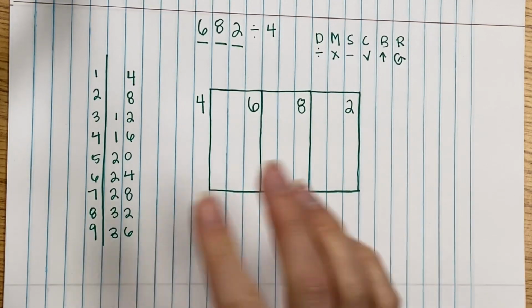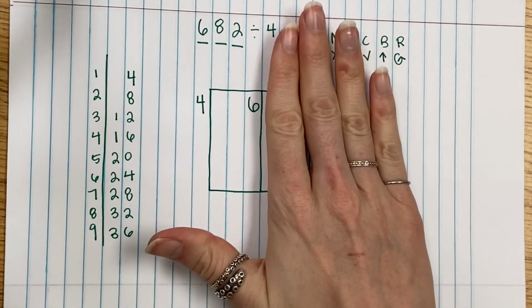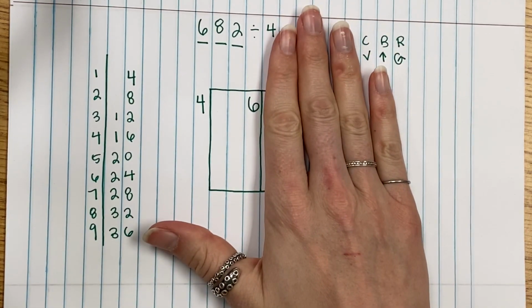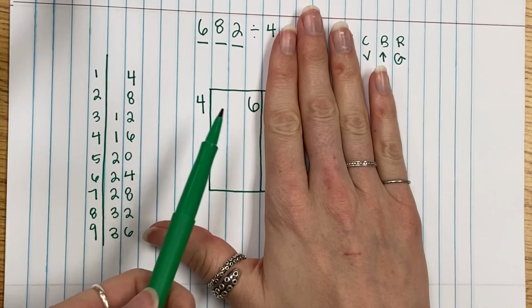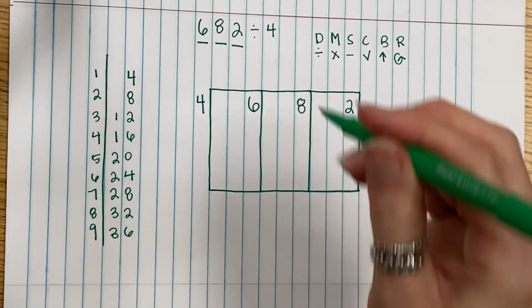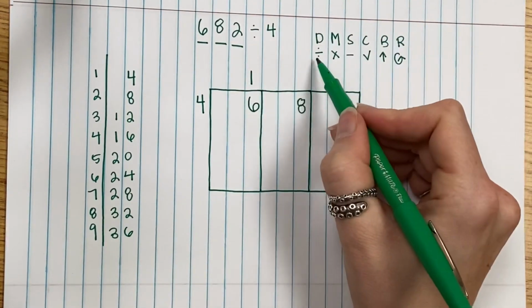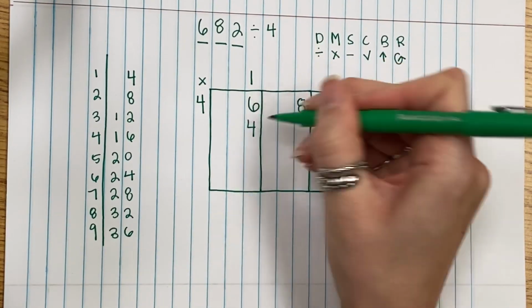Okay, so now that I have my multiples and I have my division steps, I can start dividing. So I'm only going to look at this first box when I start dividing. And I'm going to ask myself, how many times can 4 divide into 6? So looking at my multiples, 4 can only divide into 6 one time. After I divide, I'm going to multiply. 1 times 4 is 4.